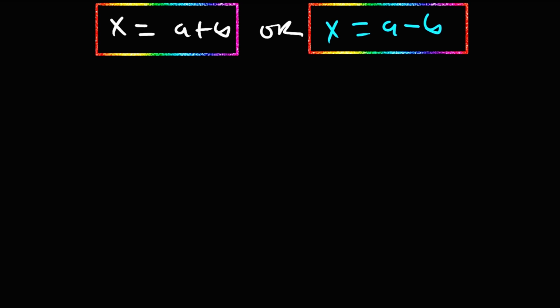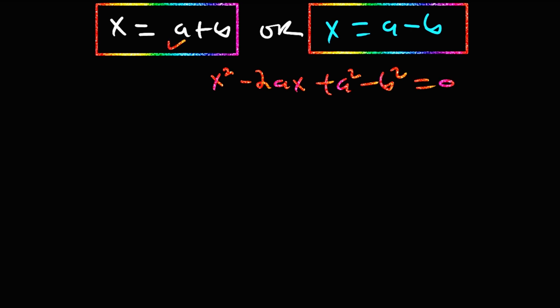So now let us check if these two solutions are true. Let us start with the first one, and remember our equation was x squared minus 2ax plus a squared minus b squared is equal to 0.